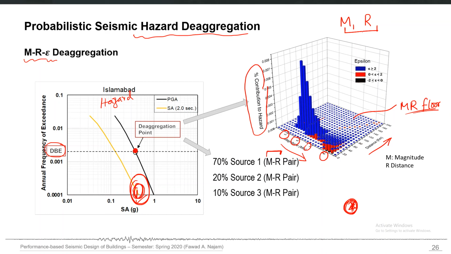So this information of the decomposition or the most contributing MR pair is very useful, and that will be obtained from the results of what we call the seismic hazard deaggregation analysis.